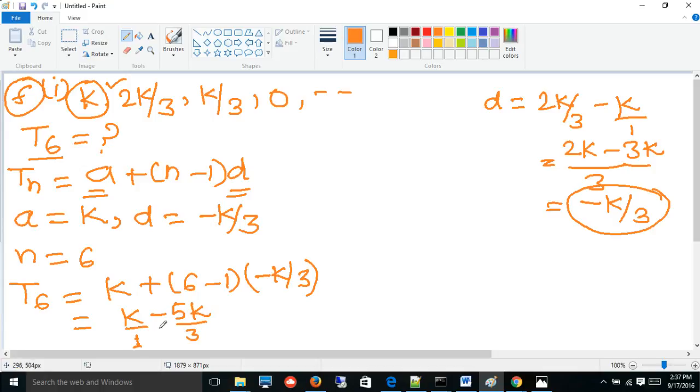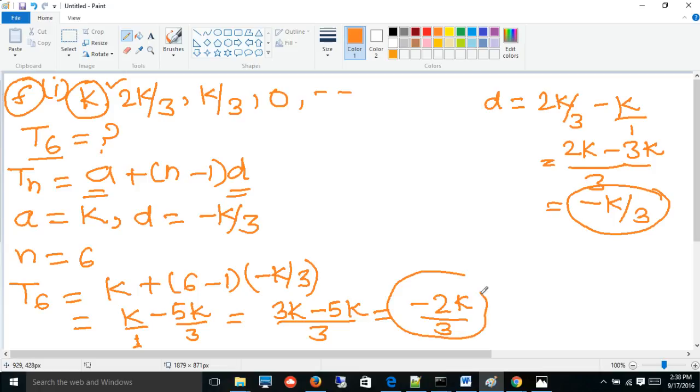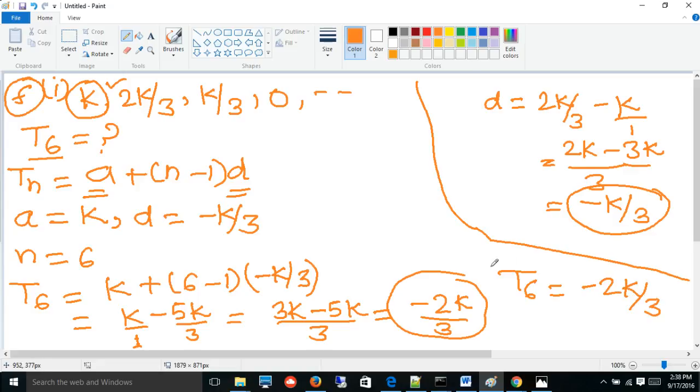Taking 3 as the denominator, we get 3k minus 5k, and 3 minus 5 is minus 2, so you will get minus 2k by 3. So this is our answer. We got T6 equal to minus 2k by 3.